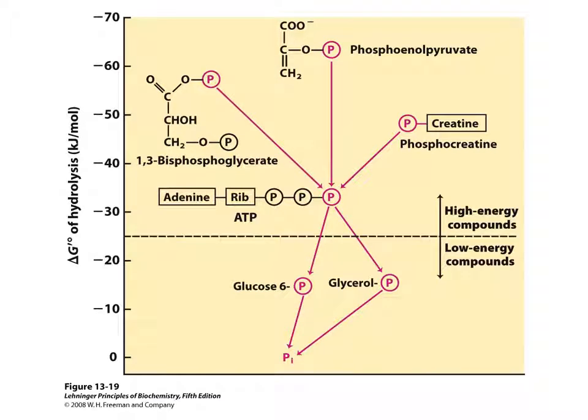In biological systems, the phosphate-containing compounds are generally categorized as high-energy compounds having large delta G, which is also negative, and low-energy compounds having less negative delta G. This is a little bit arbitrary, but for example, the hydrolysis of ATP, we know, has a negative delta G of minus 30.5 kilojoules per mole, or hydrolysis of glucose 6-phosphate has a delta G which is still negative, but it's only 13.8 kilojoules per mole.